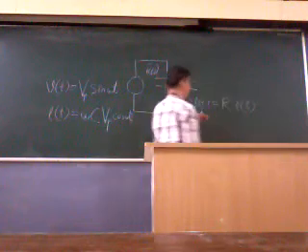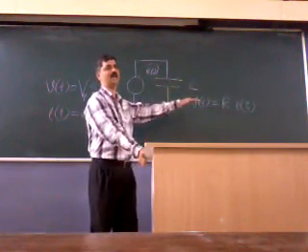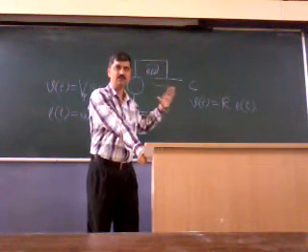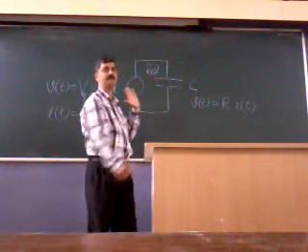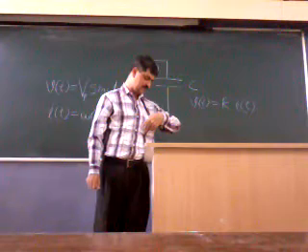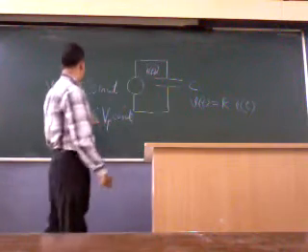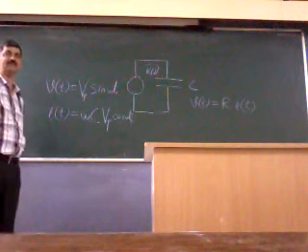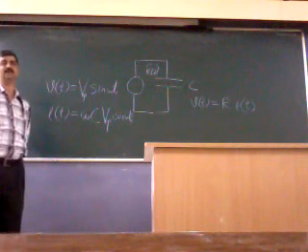So the ratio V(t) upon I(t) is always R. In the same context, what would we get if we take the ratio here?